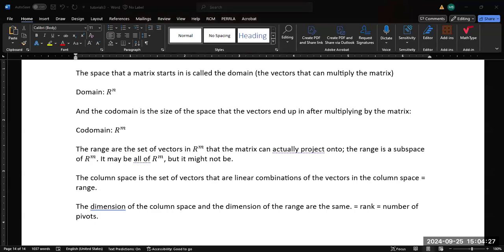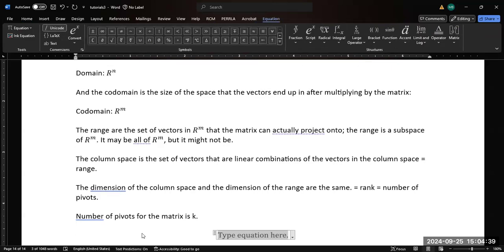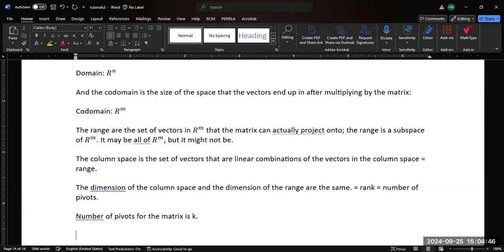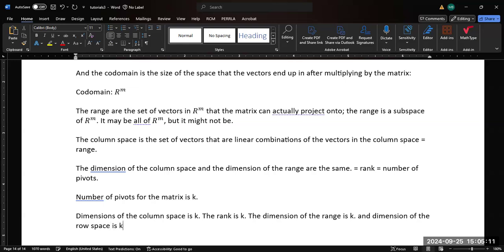So let's say the number of pivots for our matrix is K. So if the number of pivots is K, the dimension of the column space is K, the rank is K, the dimension of the range is K, and the dimension of the row space is K.